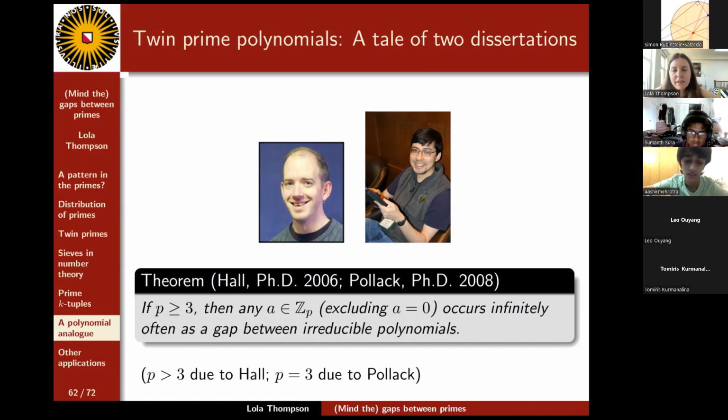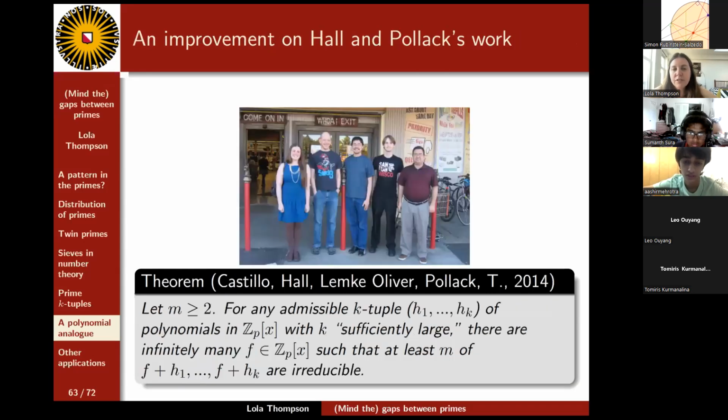One thing that my co-authors and I were interested in doing, I still worked with Paul Pollack and Chris Hall from the previous slide, but it was also with Robert Lemke Oliver and Abel Castillo, was to take the ideas of Maynard and Tao for getting bounded gaps between primes, and prove an analogous result for bounded gaps between irreducible polynomials.